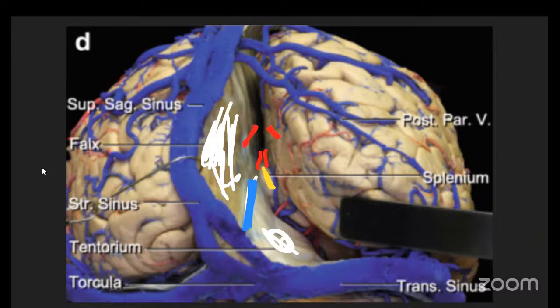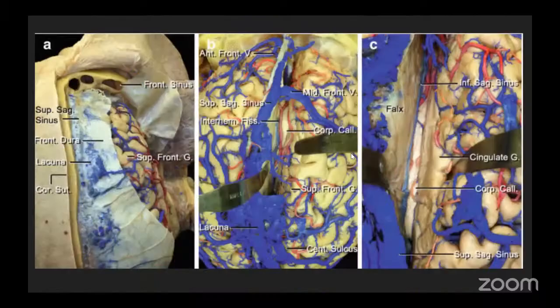So this is the space in which we have to enter for our surgical Falcine meningioma. Is the orientation clear? Am I audible? Yes, audible. Okay.